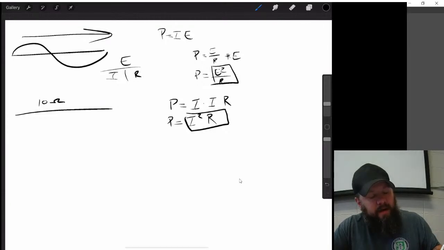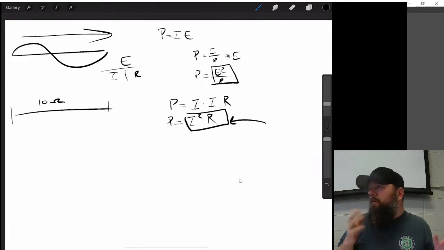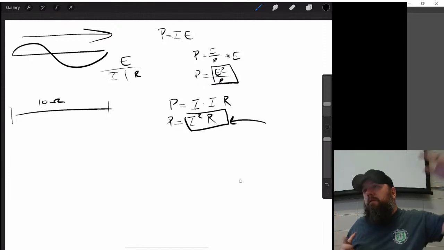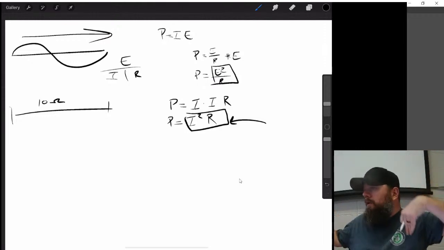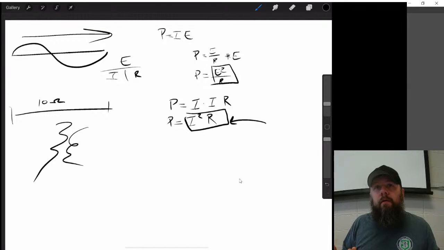If we have a high current, that line is going to lose a lot of power through that resistance. So if we have a choice, we want to do high voltage, low current. Only way we can do that really is through transforming. A transformer is a really efficient way of converting power back and forth. All right.